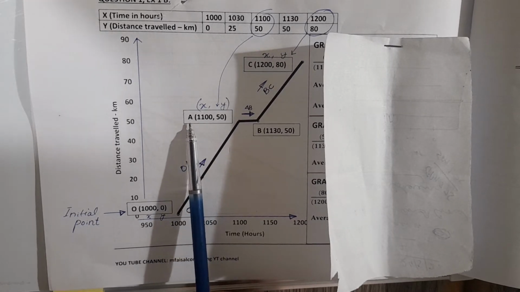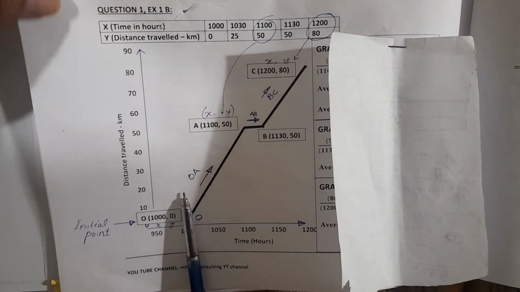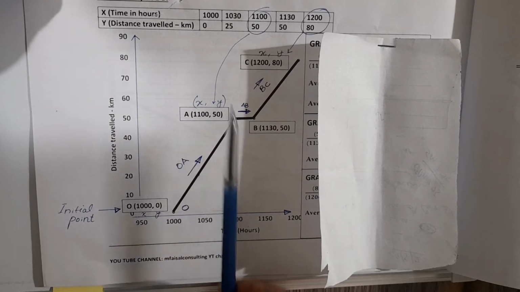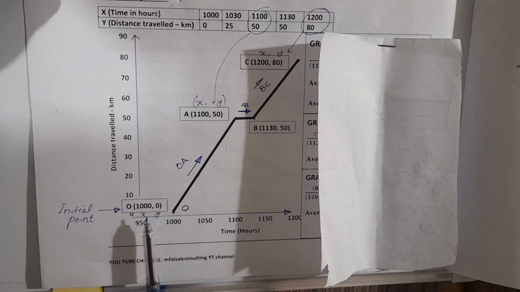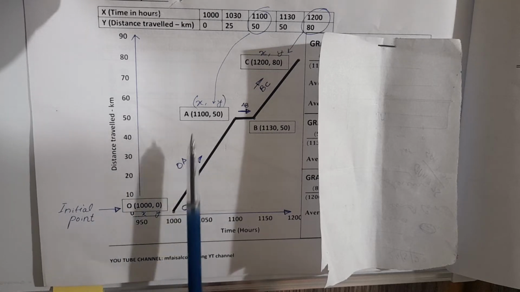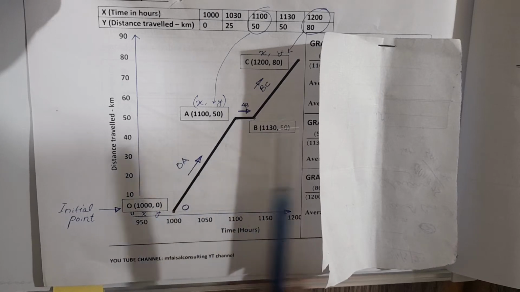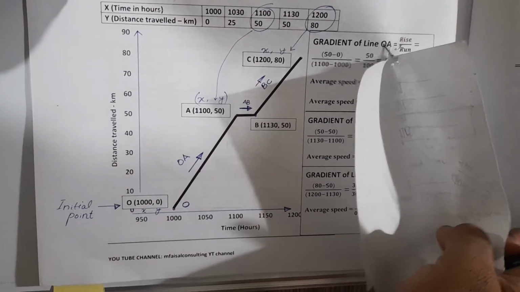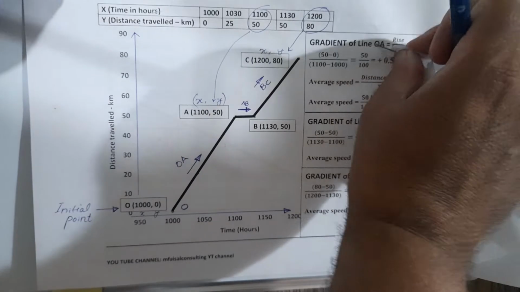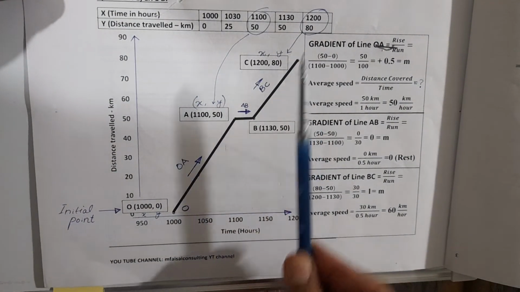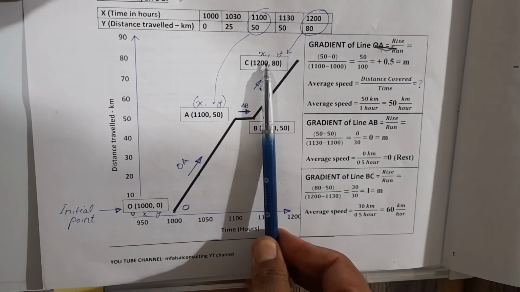And this is the final position for line OA, that is 1100 hours and 50. So this is the initial position for line OA, and this is the final position. This is line AB, initial position, final position. And now coming over to line BC. This is the initial position, this is the final position.